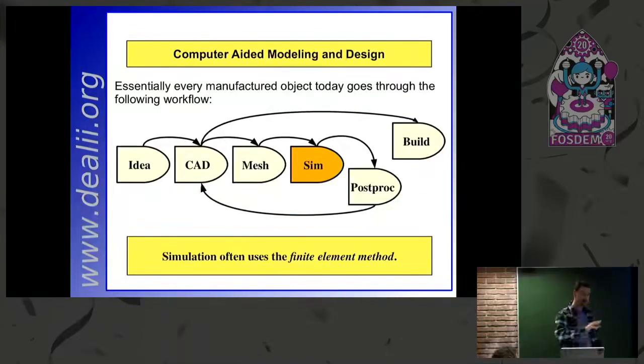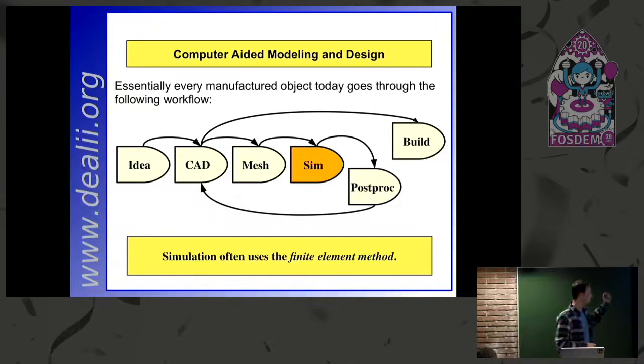So in the grand scheme of things, when you build stuff today, that's not a one-off, then you start with an idea, you put it in some CAD geometry, for example, and then you somehow want to simulate the behavior of this. So if you think about this in terms of, let's say, a bridge or a fridge or a car or any mechanical device, any electromagnetic device, any fluid device undergoes computational simulation.